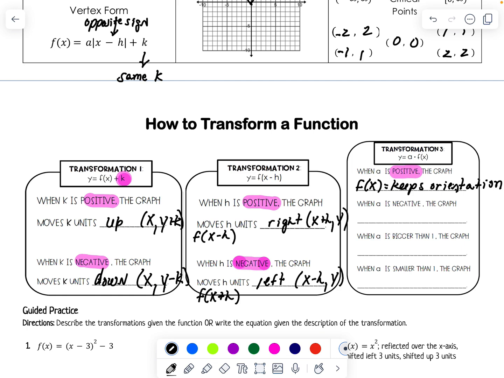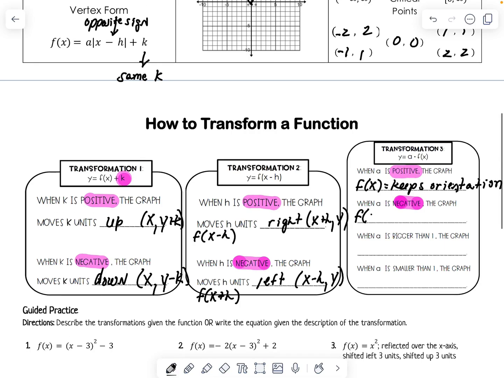But when a is negative, then f of x reflects over the x-axis. In other words, it flips. Okay? It flips in the direction of the x-axis.